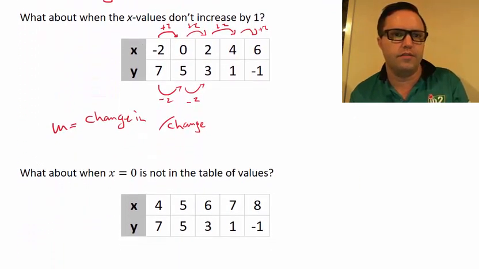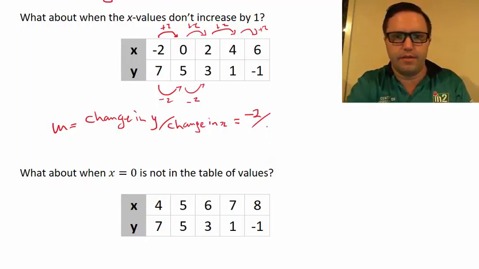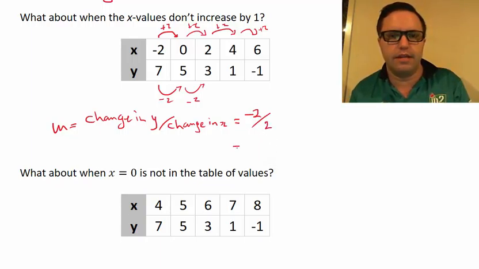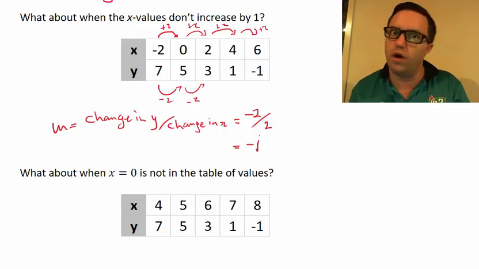So change in y per change in x. So our change in y is negative 2 divided by our change in x, which is positive 2, which means that our m value for this one would be negative 1. So negative 2 divided by 2 is negative 1. Okay, so that would be a different m value.